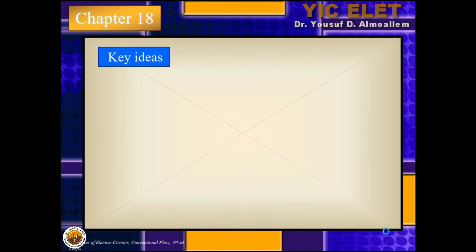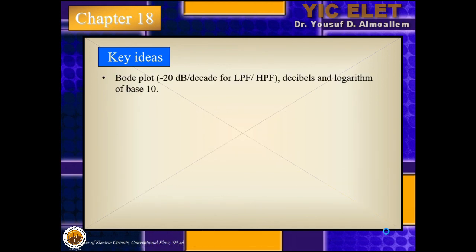Now, just to summarize the things that we have covered in this chapter, we went through the Bode plot, and we know that for low pass and high pass filters, after or before the critical frequency, there will be a minus 20 dB per decade slope, and the other side of the filter will be flat at 0 dB.